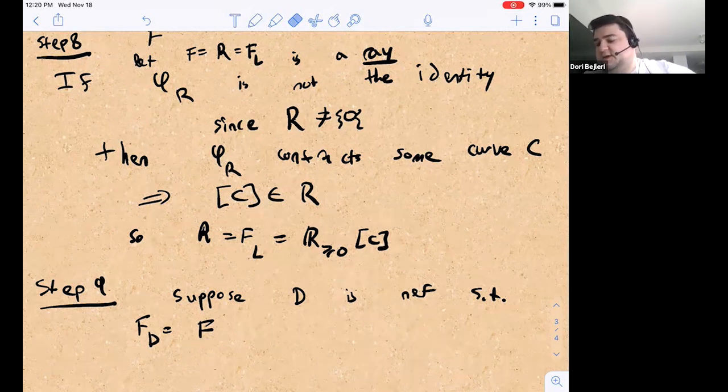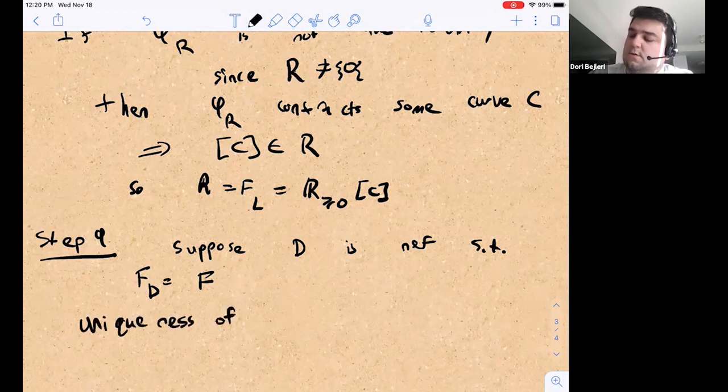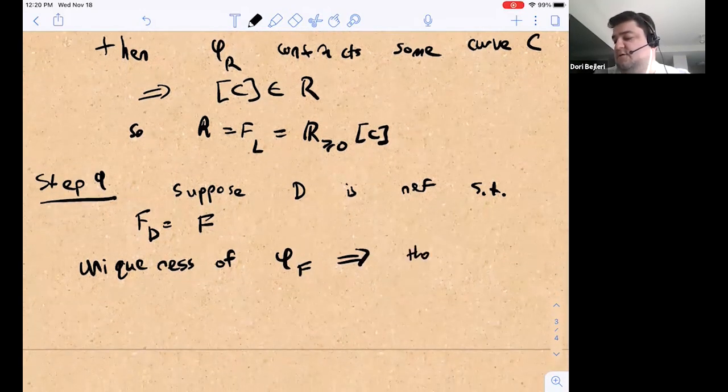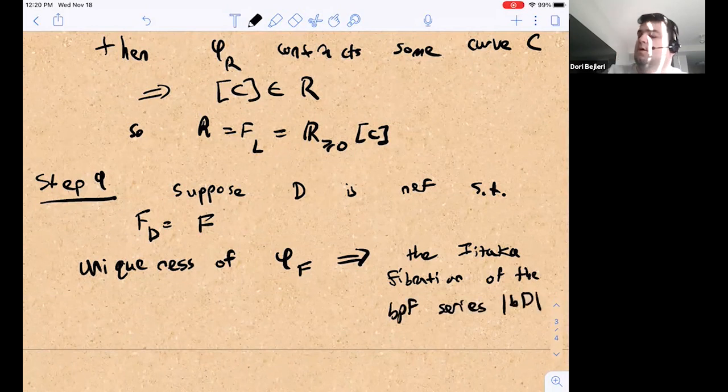And the point is we can just pick some other D. But then by uniqueness of this Iitaka fibration, for any given D that's supported on this face, this uniqueness of phi_F implies that the Iitaka fibration of the base point free map phi_BD for large B is the same as this phi_F.